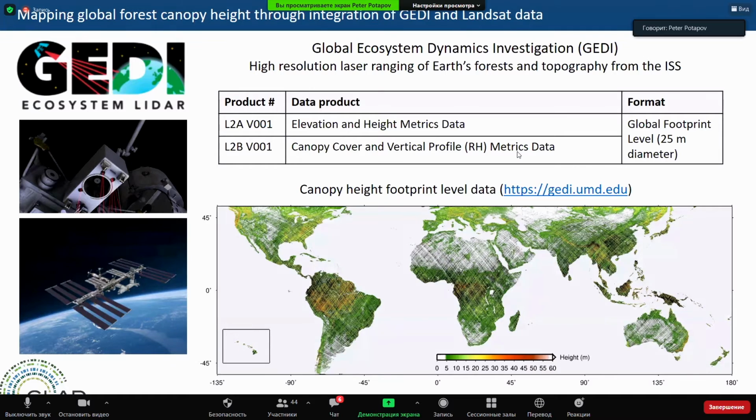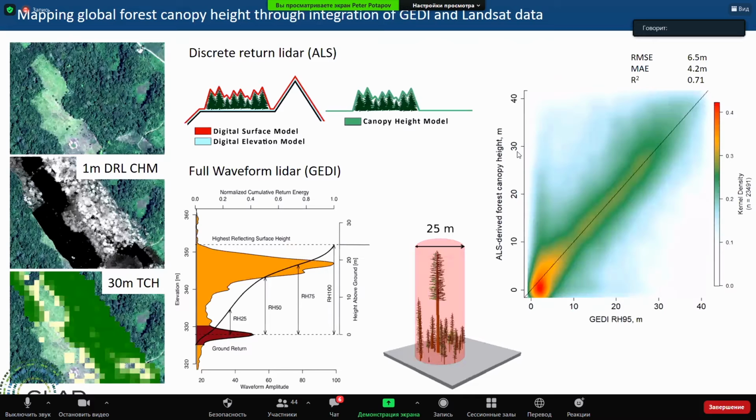The map shows the points scanned by the device itself, by the scanner. Every footprint has a diameter of about 25 meters. The relative height metrics themselves are not an indicator of actual stock height.